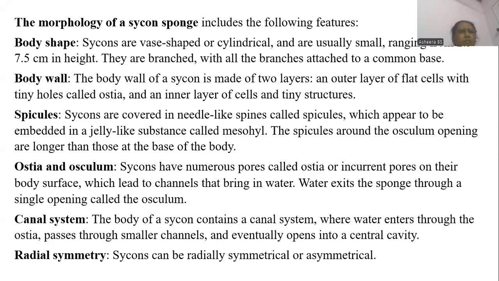And if you take the body wall of the Sycon, it is made up of 2 layers. The outer layer is made up of flat cells, also called the pinacocytes, and on the body wall you can see many number of ostia are present. The inner layer of cells have flagella, and they are also called the choanocytes.